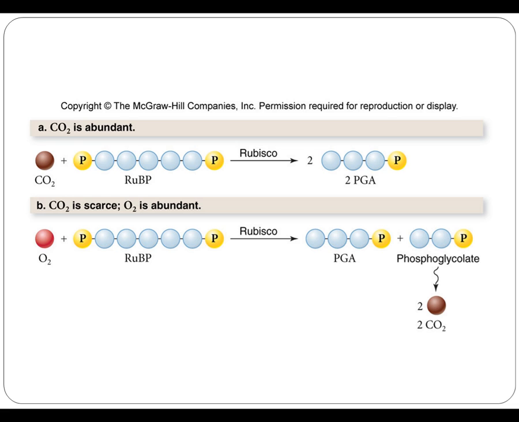However, we noted that when carbon dioxide is low, oxygen can be utilized to carry forward the reaction. So rubisco can combine ribulose phosphate and oxygen. Notice the different gas in the second scenario. Instead of getting two 3-carbon molecules, we get one 3-carbon molecule and a 2-carbon byproduct. So the carbon-containing molecules are fewer, but look what happens.